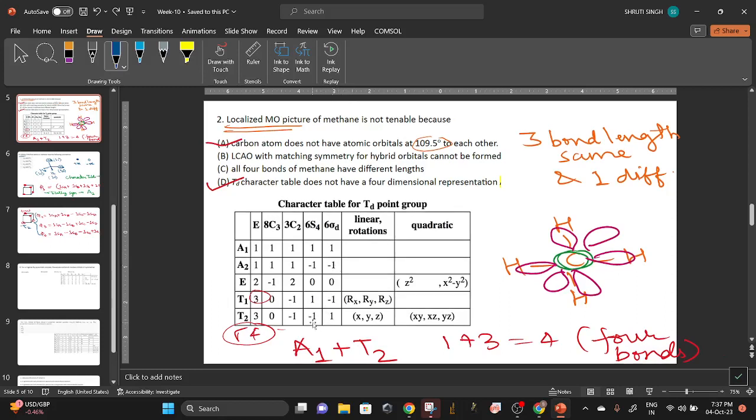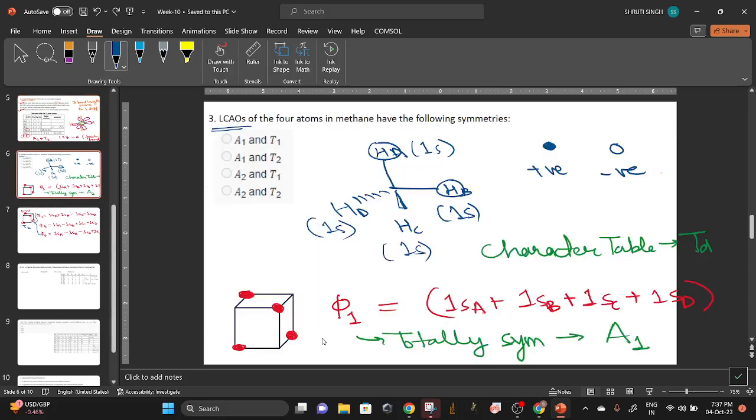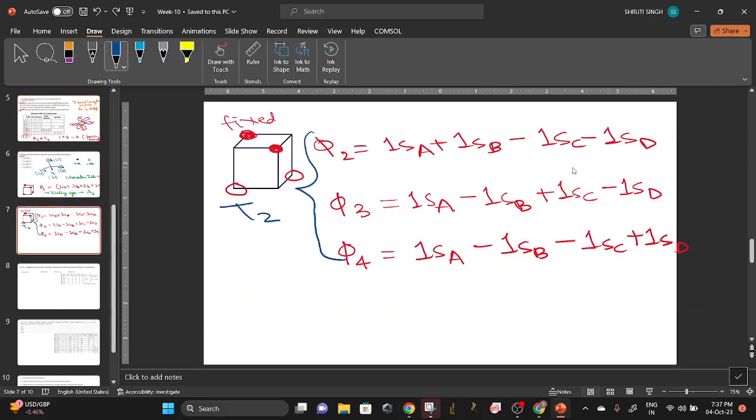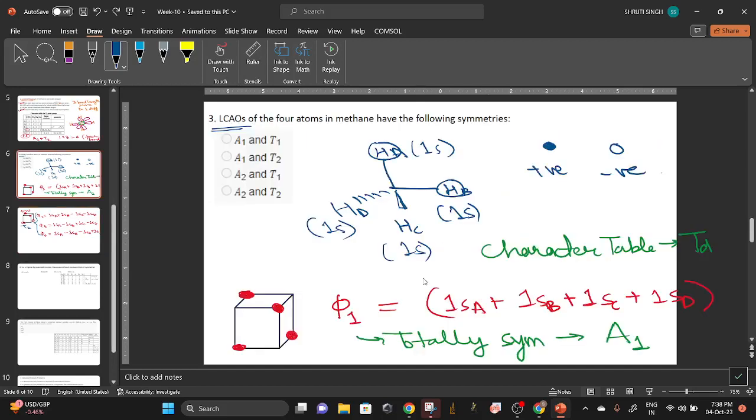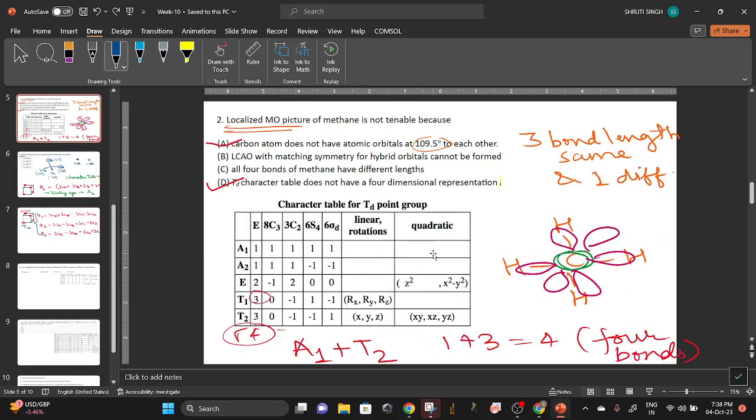So that's why T2 comes. Actually, it's a bit difficult. It could have been T1 also. Sigma T.